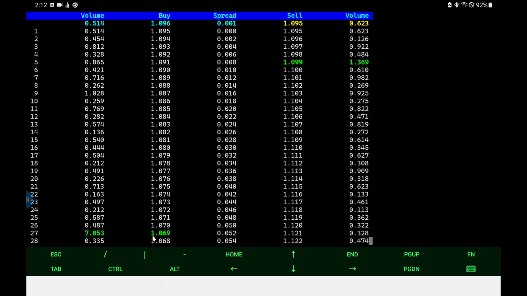1.069, where people want price to go to. This is fairly strong. This is 7% of the entire order book. And you see, by looking at this table, it's very, very much well above every single order here.